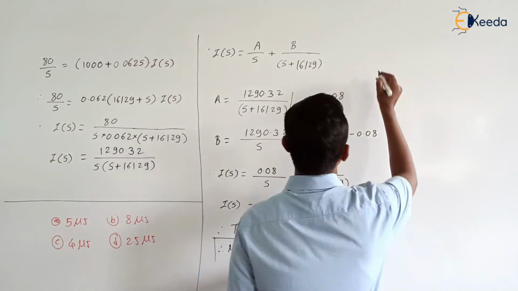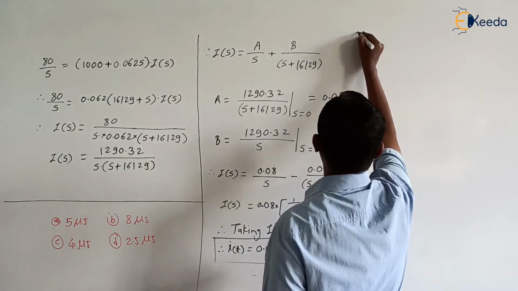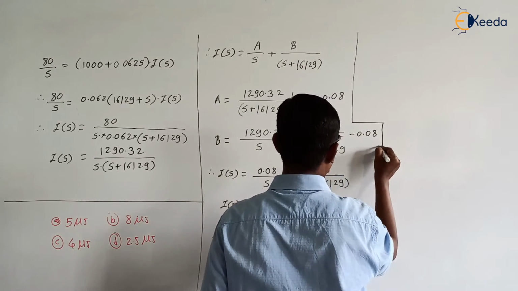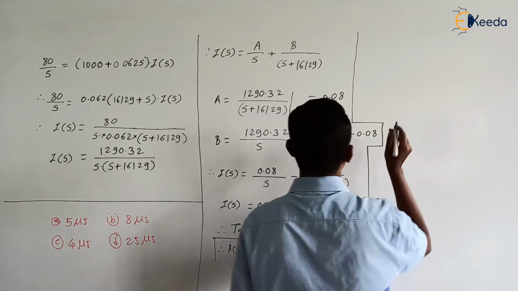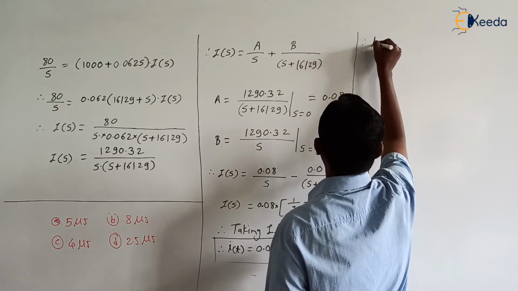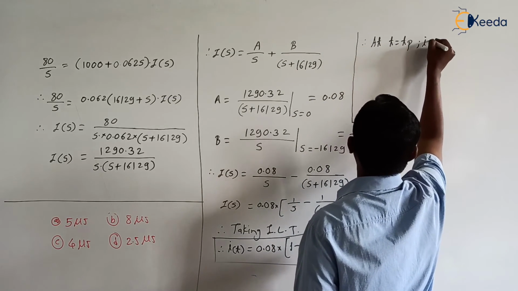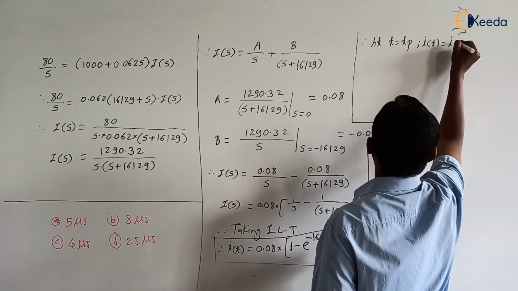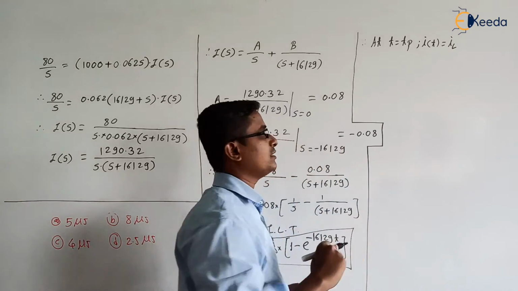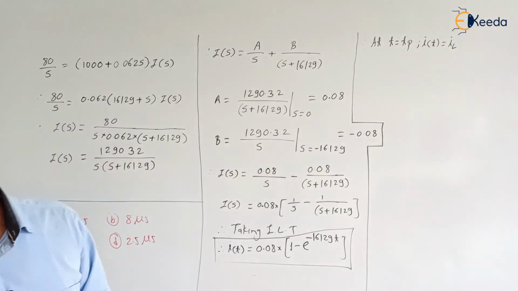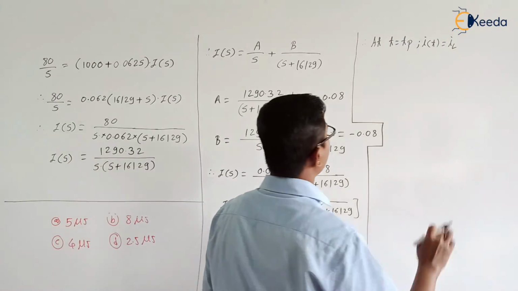So here we can write, at t is equal to Tp, what is I of t? I of t is equal to IL, and they have given IL, which is equal to 5 milliampere.